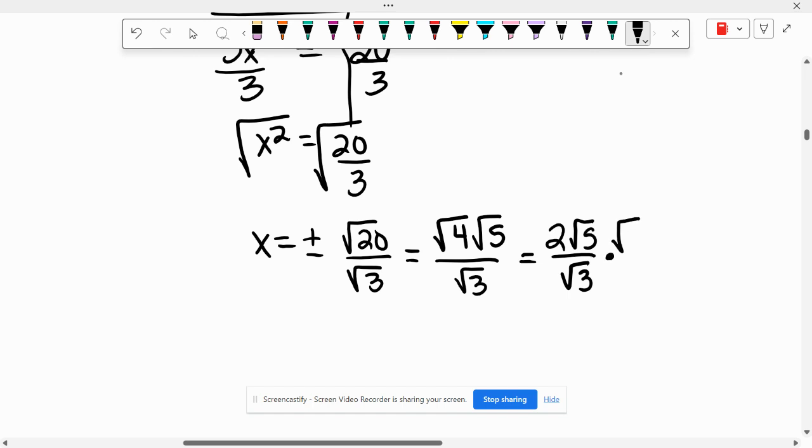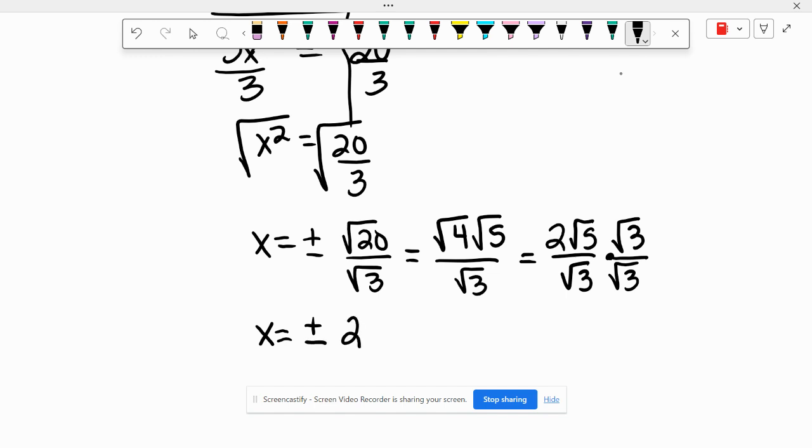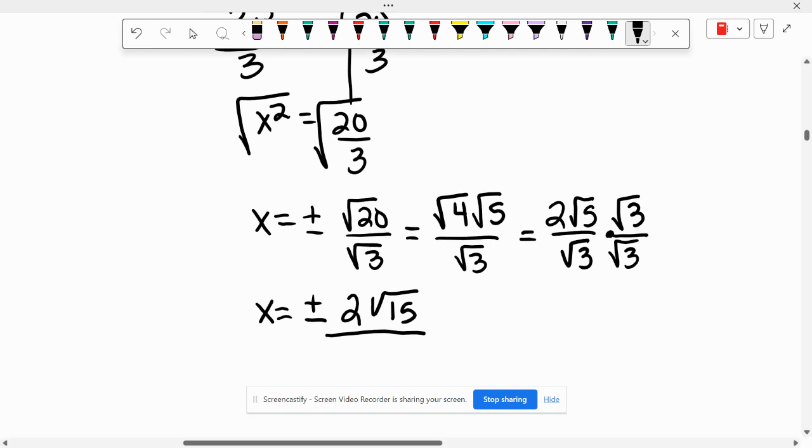Square root in the denominator. I have to rationalize the denominator. That's what that's called. So my final answer, x equals plus or minus, let's see. I have the whole number 2, and the square root of 5 times the square root of 3 is the square root of 15 over the square root of 3 times the square root of 3 is 3.